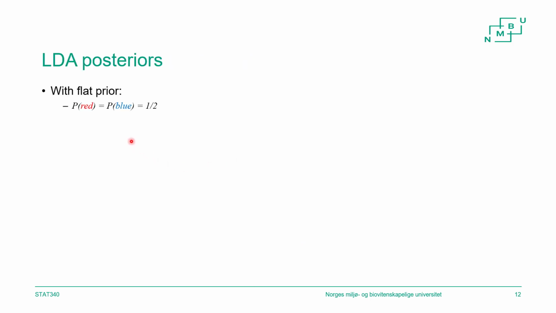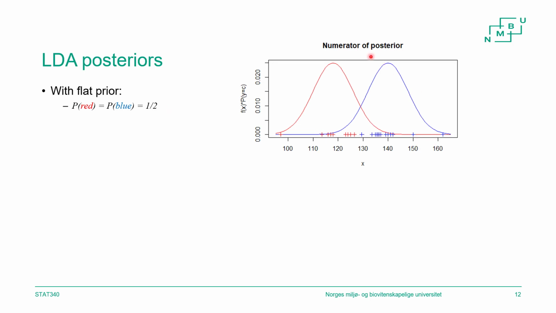So the LDA posteriors, how will they look like? Okay, if you have now a flat prior saying that the probability of red and blue is 1/2 in both cases, then the posterior will also look exactly as the likelihoods, because then you say both are equally likely.